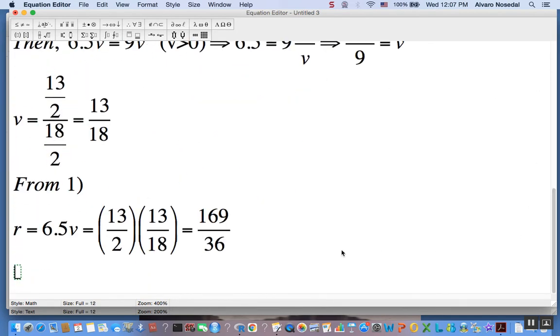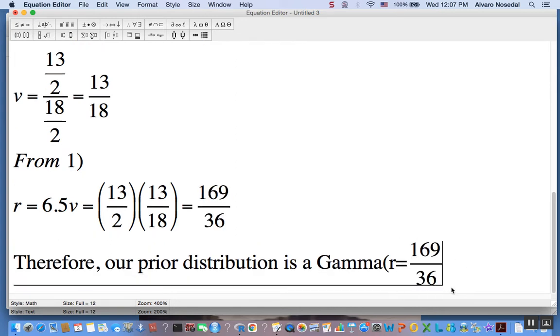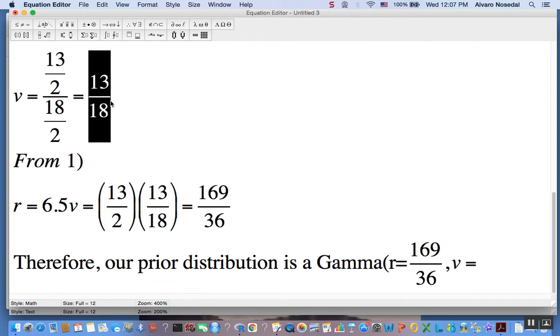So therefore our prior distribution is a gamma with parameters r equals 169 divided by 36 and v equals 13 divided by 18.